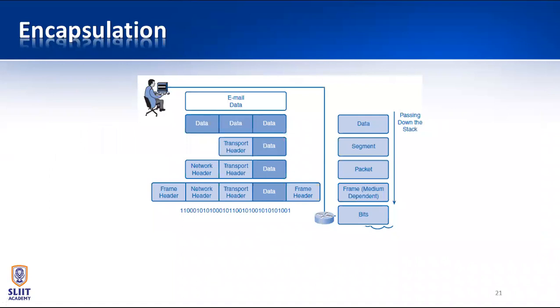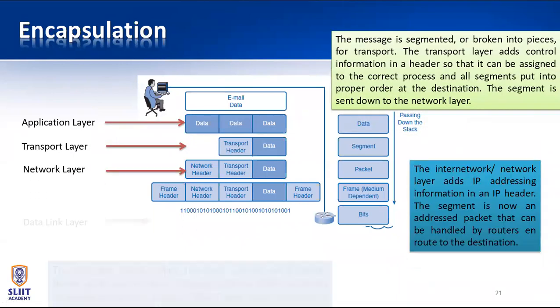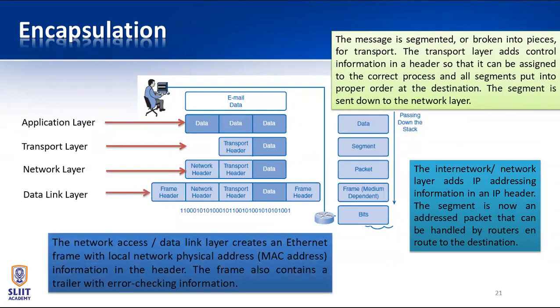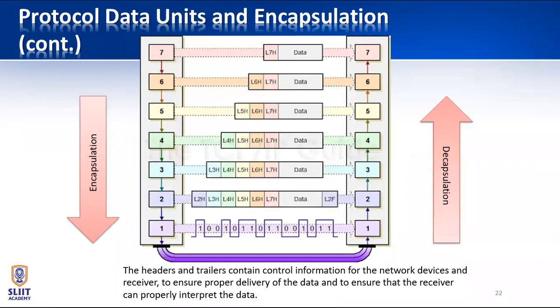So next, we have this explanation for the encapsulation. That's what I explained to you recently. And finally, we have this encapsulation and decapsulation diagram. If you examine this diagram, you can see that from layer 7 towards layer 1, we are sending our data packet. Each and every layer will be adding a header.